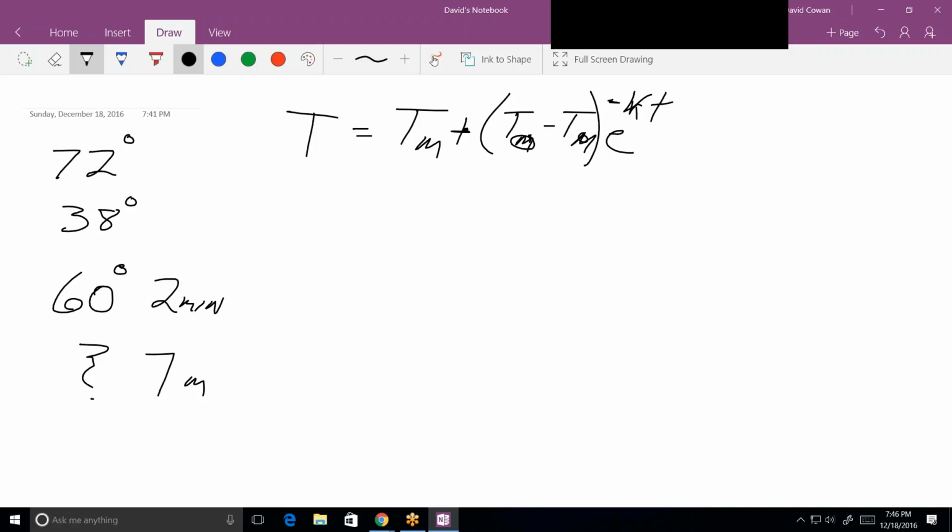So what do I fill in here? 38 degrees for T sub M. Okay, what about t? Oh, 60 degrees. So I got 60 equals 38 plus, what goes in there? 72 minus 38.